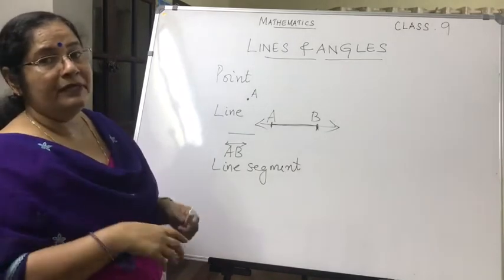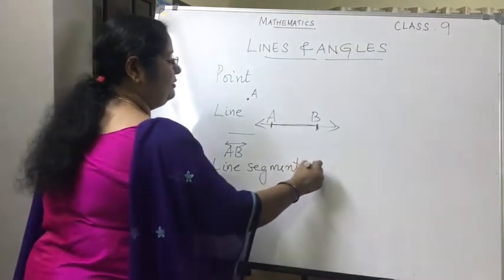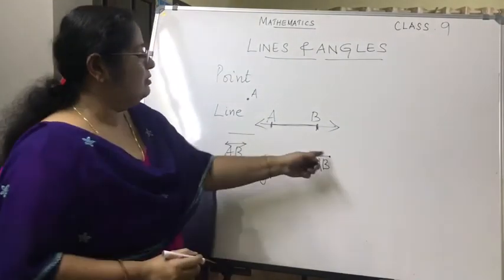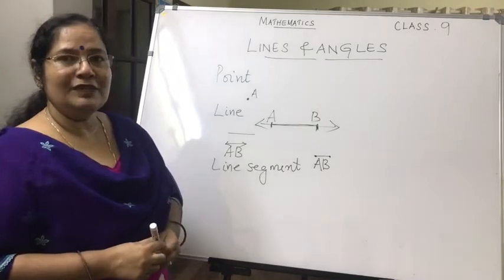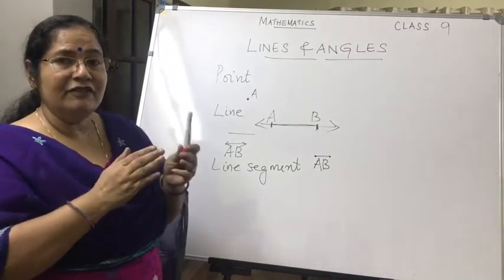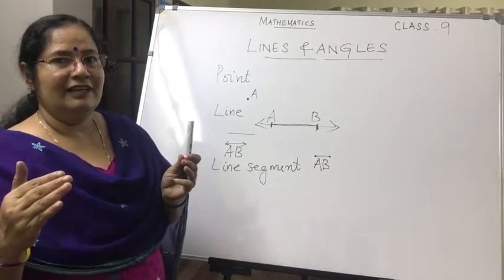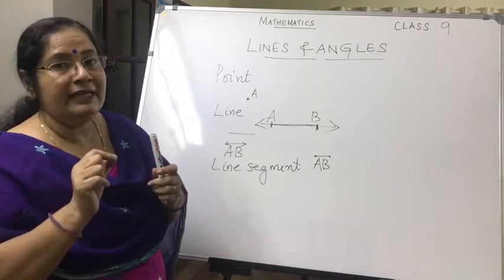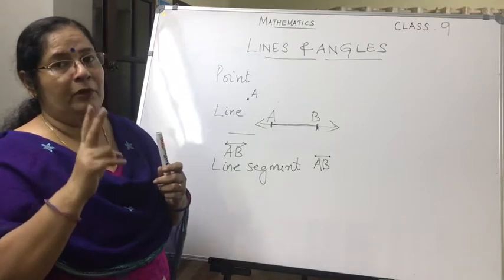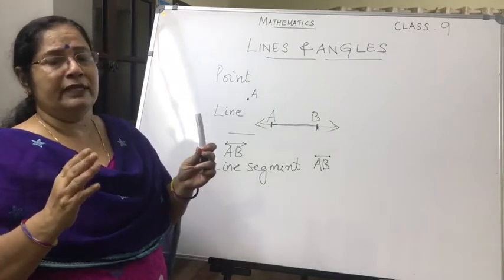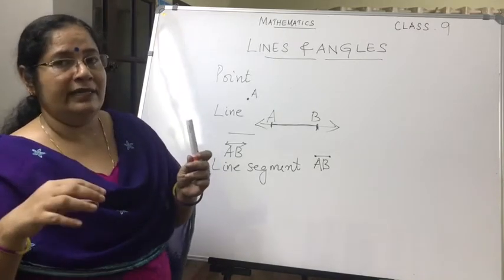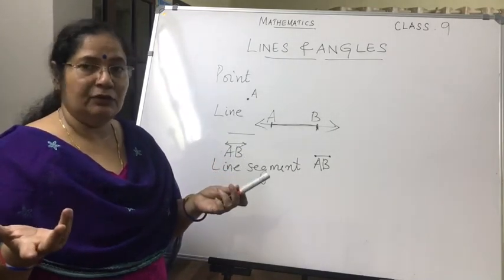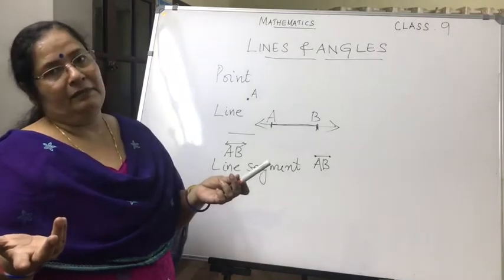You represent it as AB with a bar on top. What does this represent? It shows that it starts from somewhere and stops somewhere, so it has two endpoints. Since you know where it starts and where it ends, can't you find the length of the line segment? Yes, you can find the length of a line segment.